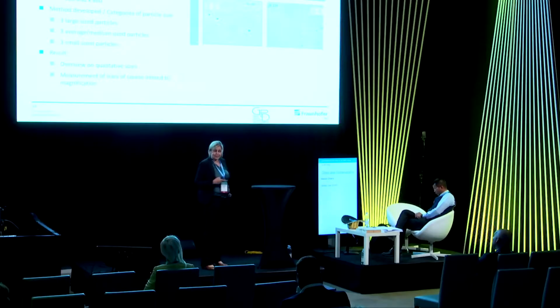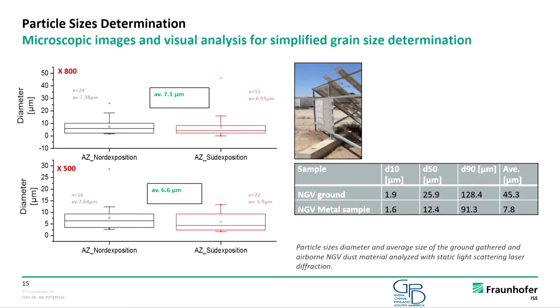You can see here we counted different sizes, took an average, and plotted that. This is an example, but it worked quite well also in comparison to our particle size measurement by laser diffraction.